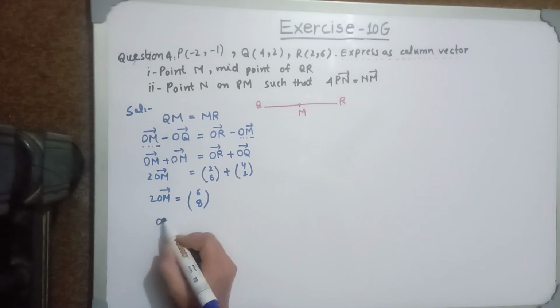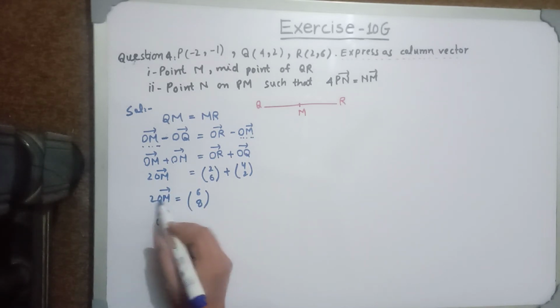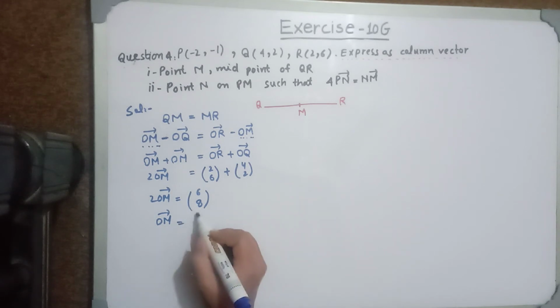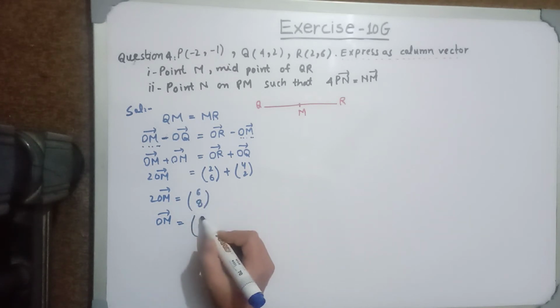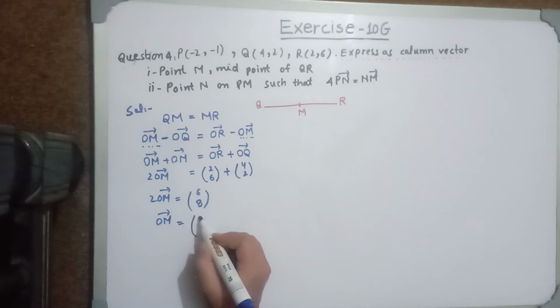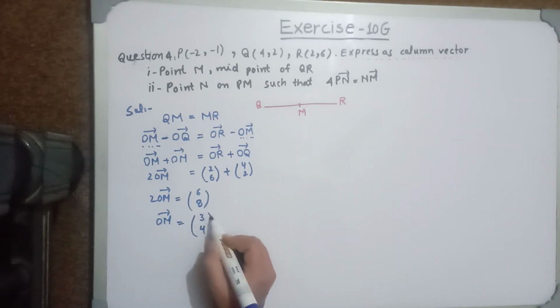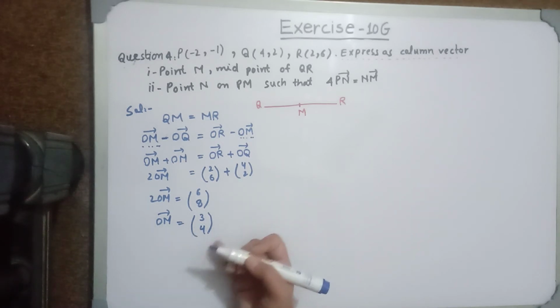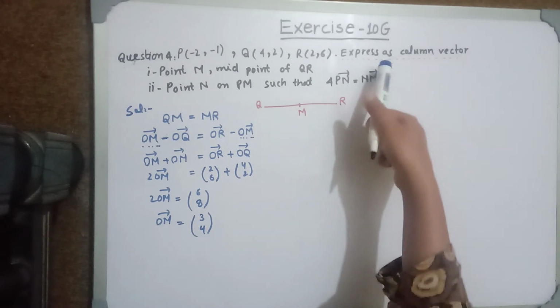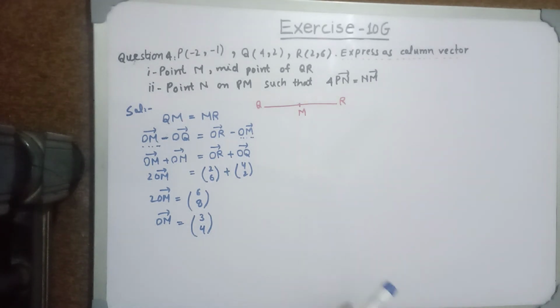And from here, OM is going to be, this 2 will be divided on the opposite side, and if it's divided, then it divides both the coordinates, the x and y. So it will be 6 over 2 and 8 over 2. 6 over 2 will be 3 and 8 over 2 is going to be 4. So that's the value of the vector OM, and we have expressed it as a column vector, as it was a requirement of our question.